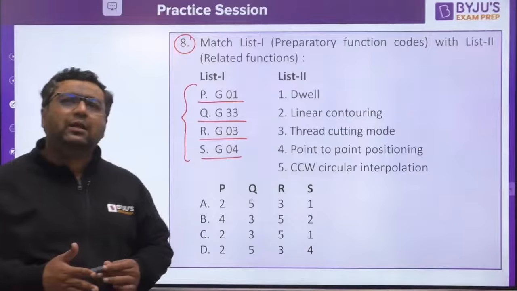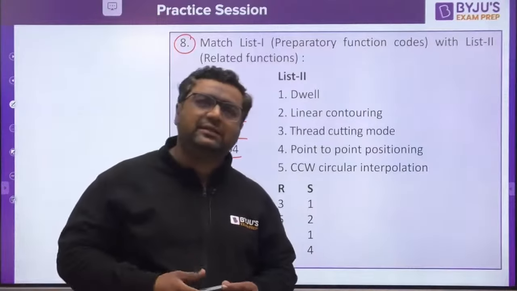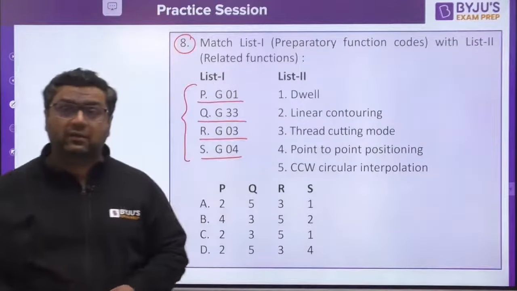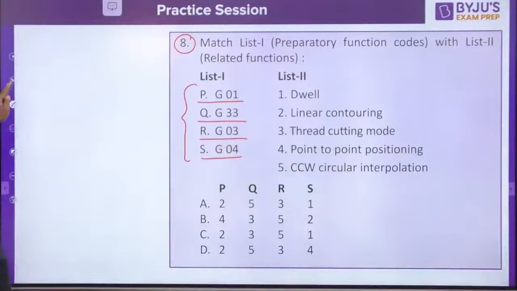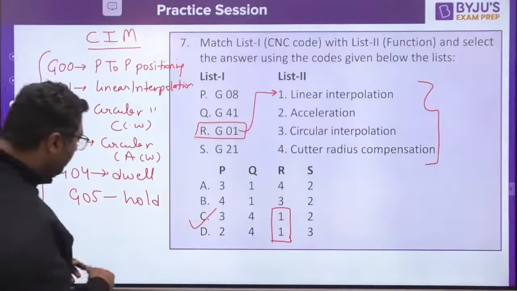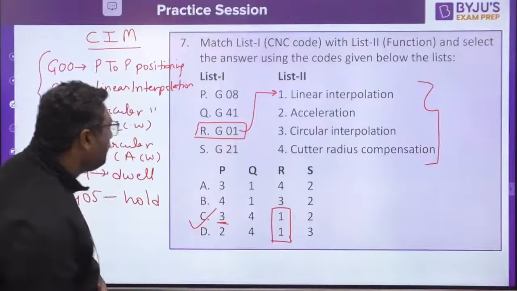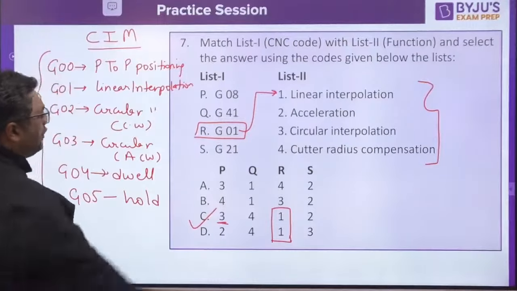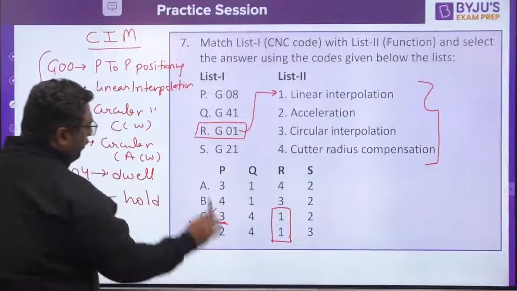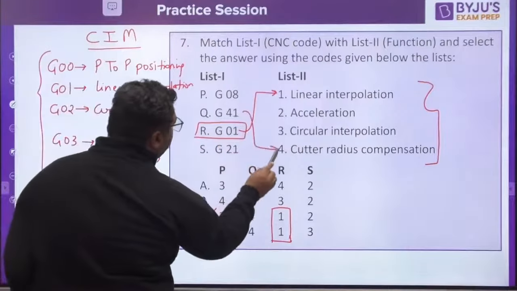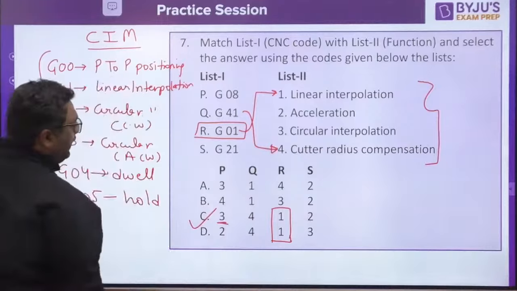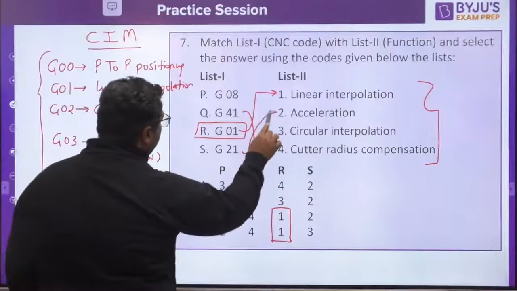Actually Rohan, in the previous case, G08 is not matching with the others, because you see this is coming with 3. Circular interpolation is not for G08, but for all others, G41 is cutter radius compensation, and G21 is for acceleration.